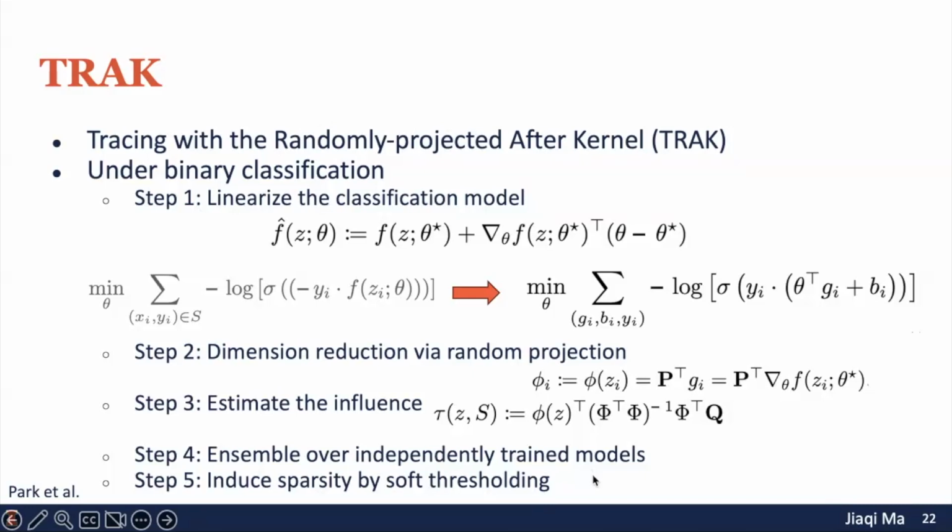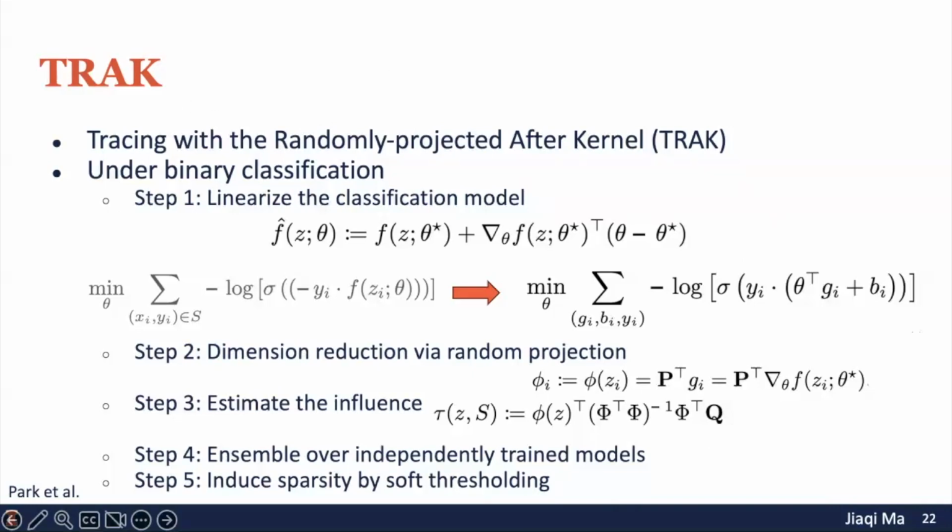My high-level takeaway of this method is that it can be viewed as an influence function plus a few tricks. Specifically, the first step and the third step together can be viewed as a variant of influence function.